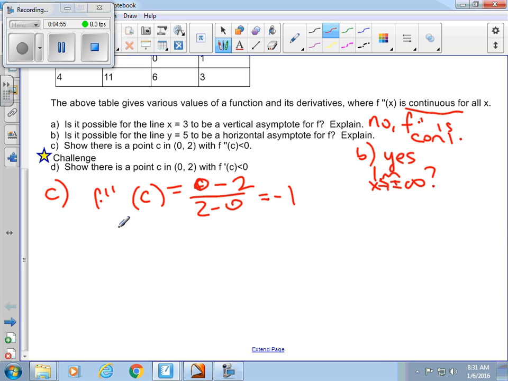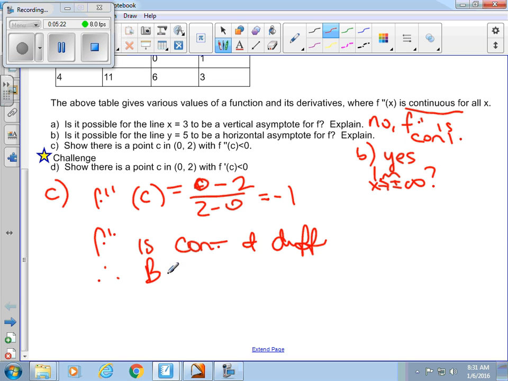Mean value theorem. And so you would say, for explanation purposes, what do I need to say anytime I use the mean value theorem? Continuous and differentiable. Which is it? F double prime is continuous, so everything before that is continuous and differentiable. So F double prime is continuous and differentiable.